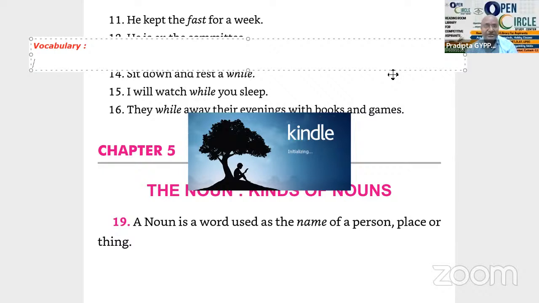I will also tell you a definition for vocabulary that will help you to understand. The word vocabulary comes out of a root word. The root word is vocable, V-O-C-A-B-L-E. Vocable means that what can be uttered.